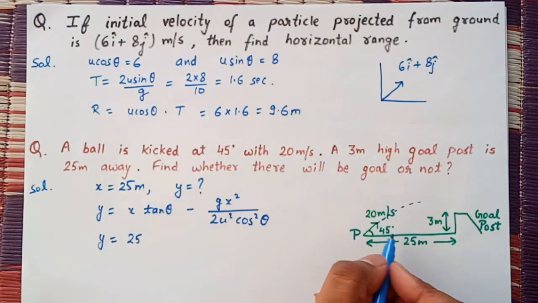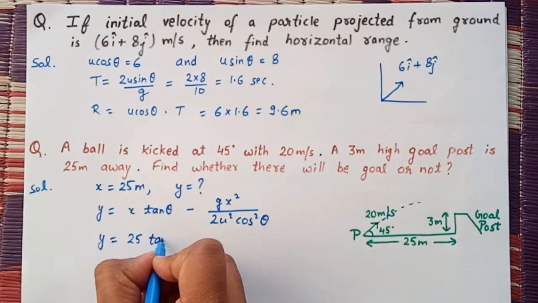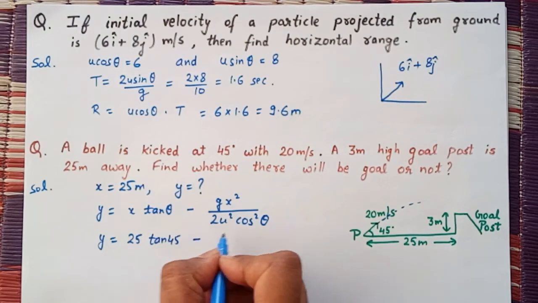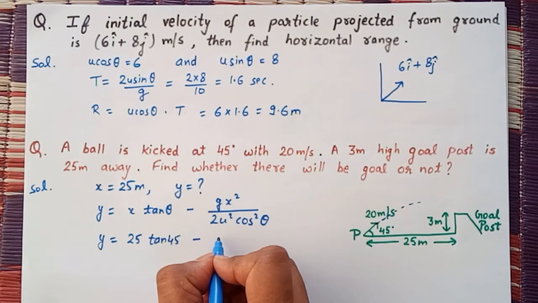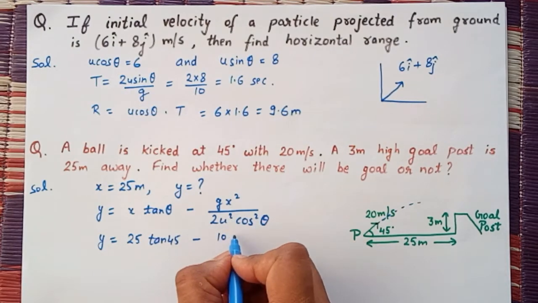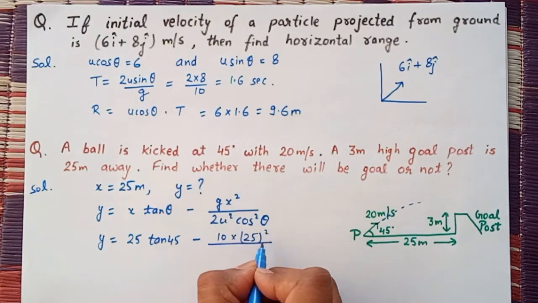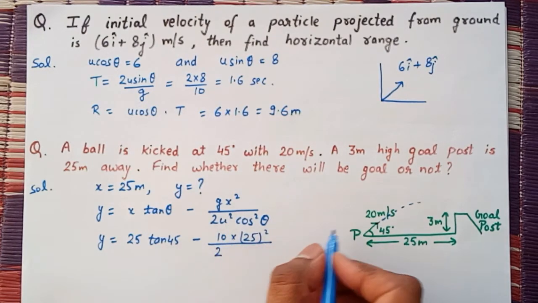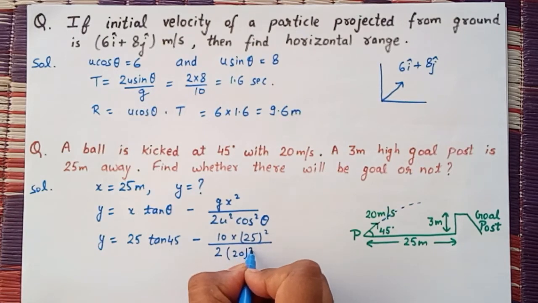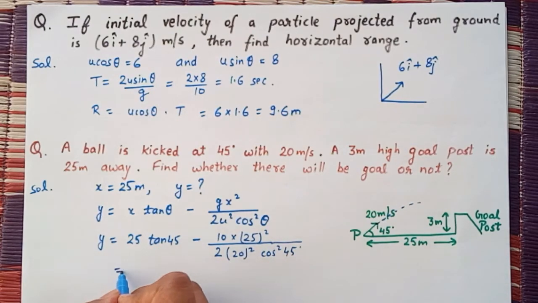What is theta? It is 45, tan 45, minus g, let it be 10, x is 25 square upon 2, u is 20 square, then cos square 45. What is tan 45? It is 1.